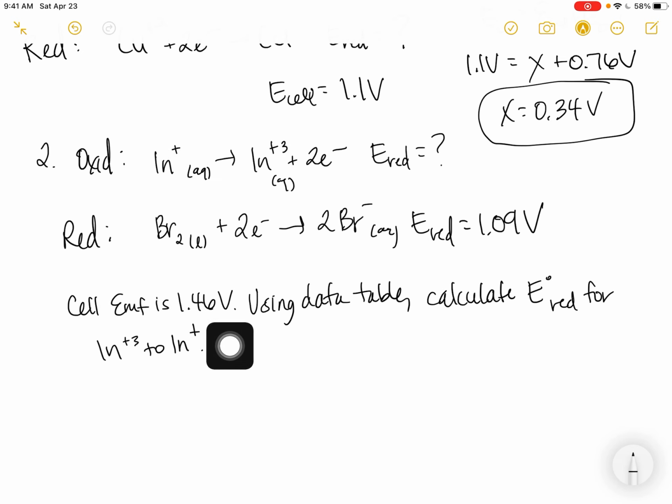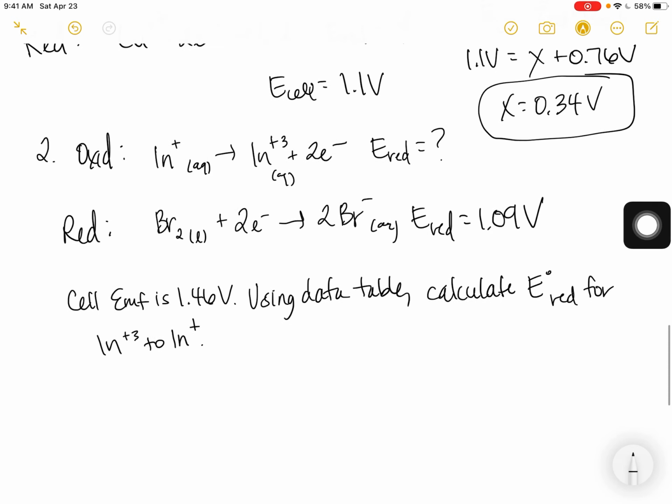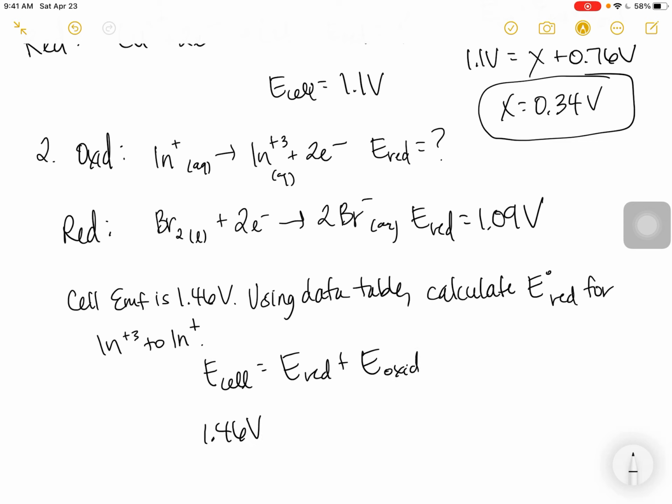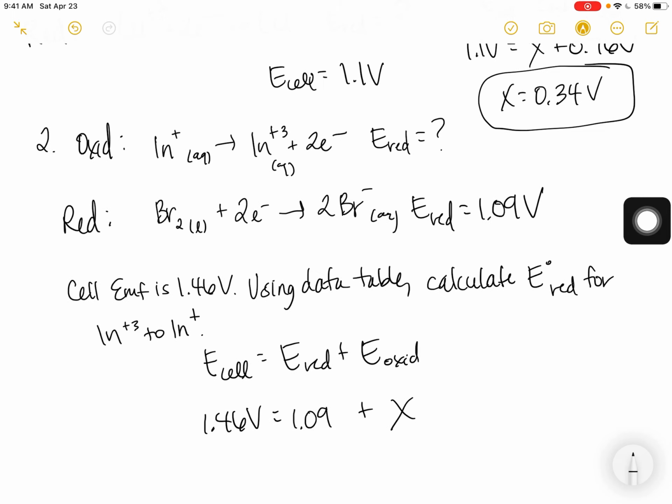What I'm looking for is E reduction, careful of this, so the reverse, but I'm going to treat it like oxidation, right? Because I know that E of the cell is equal to E of reduction half reaction plus E of the oxidation reaction. We're saying it's the oxidation reaction that I don't know, right? We're calling that X, and I know that E of the reduction reaction that's occurring is 1.09.